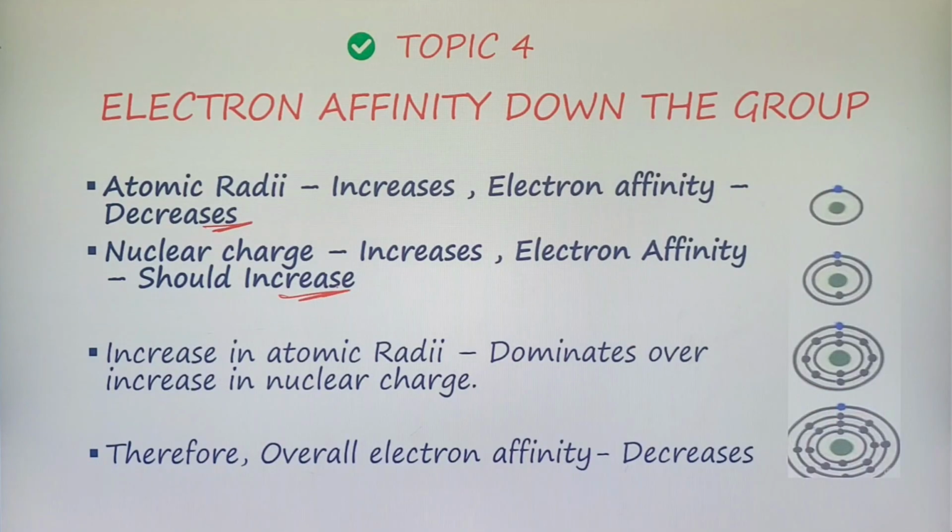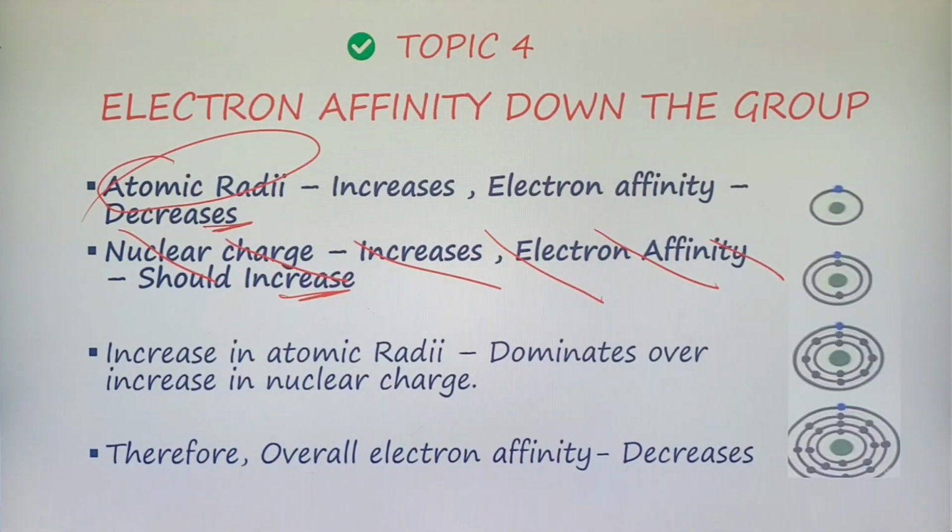Whenever you are in a dilemma about which factor should be the deciding factor, I've always told you nuclear charge is not our priority. Am I clear? So atomic radii will always dominate over nuclear charge. Nuclear charge is not our preference here.